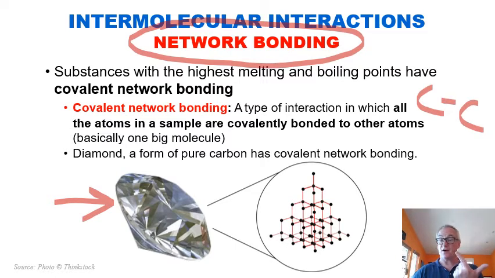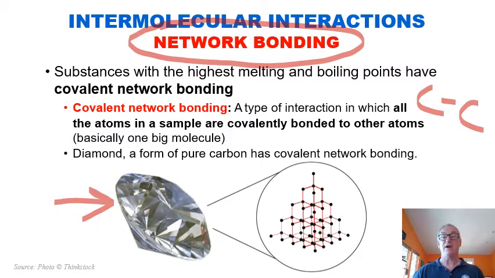Now, one carbon-carbon single bond isn't all that strong, but if it connects every single atom in a diamond, then those become extremely difficult to break, because you would have to break billions of them in order to shatter that diamond or break it in some way. So diamond is really, really hard. You can basically cut anything with it because of the number of bonds you would have to break.